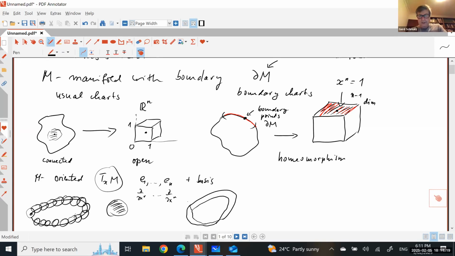Even more interesting, there's Klein's bottle, and all kinds of non-orientable manifolds, but we assume it's orientable, and if it is orientable and oriented, then the boundary also has an orientation. So if M is oriented, then this implies that the boundary also inherits an orientation.